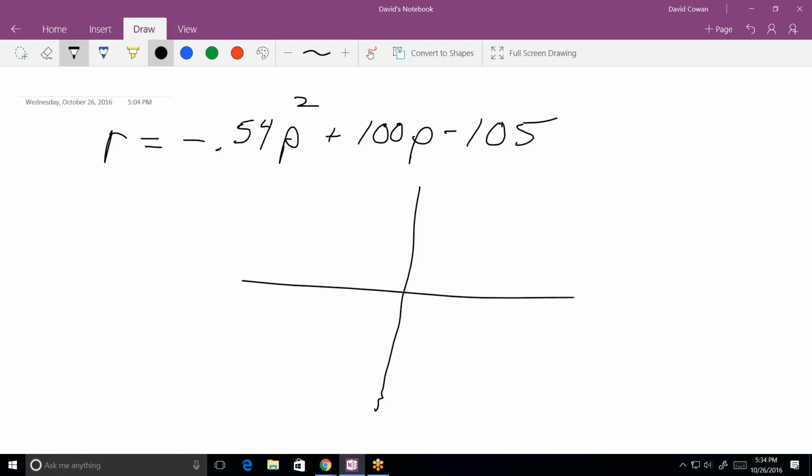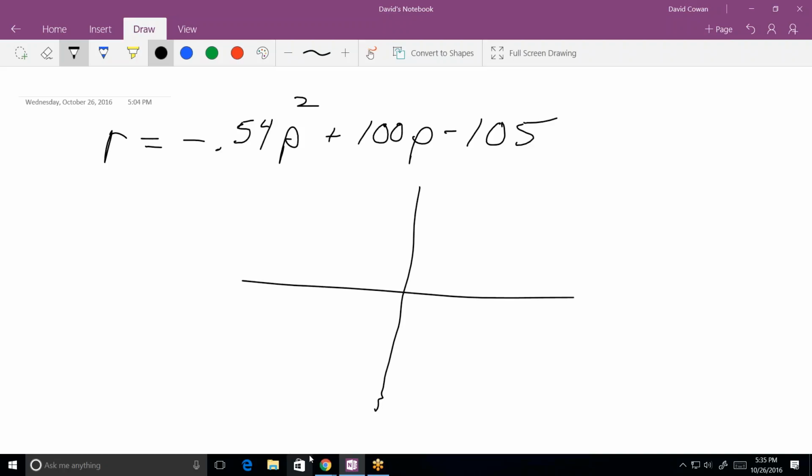A parabola. All quadratics are parabolas. Does this parabola open up or open down? I think down, because of that negative sign in front of the p squared term.